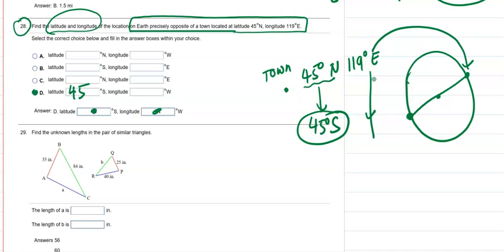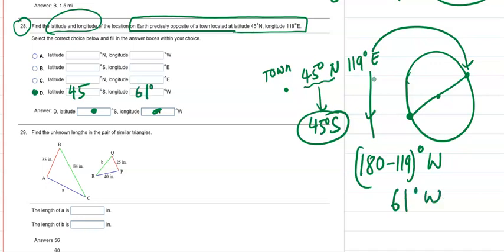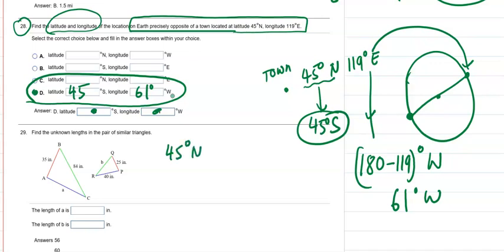How many degrees? You have to subtract from 180. 180 minus 119 degrees west gives you 61 degrees west. So I should say latitude is 45 south, and longitude is 61 west. I should say it this way: 45 degrees north, 119 degrees east.